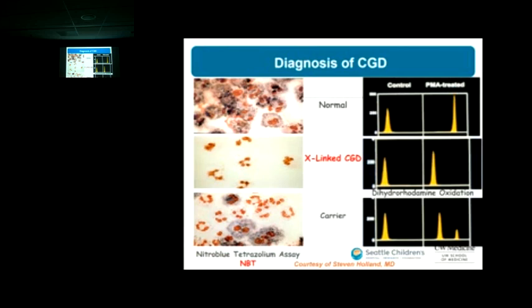Just imagine having to do this test and relying on somebody looking at these slides on a regular basis. This is now done through flow cytometry, and dihydrorhodamine, the oxidation creates rhodamine, which is a fluorescent dye that can be measured. So you can see this patient has no shift here in his histogram, and you can actually quantitate, and you can actually identify carrier patients.